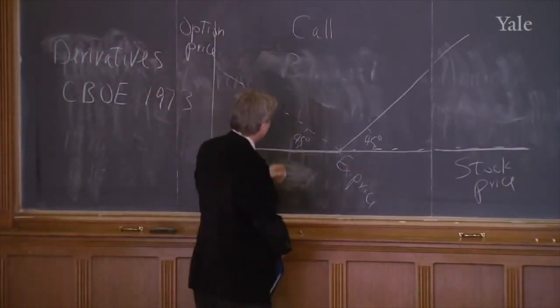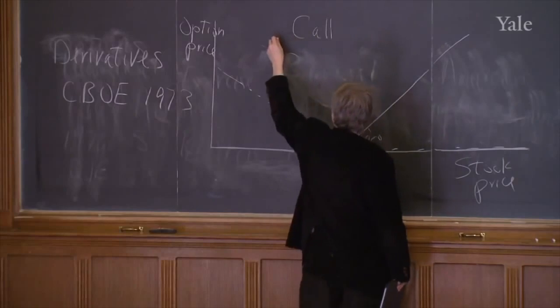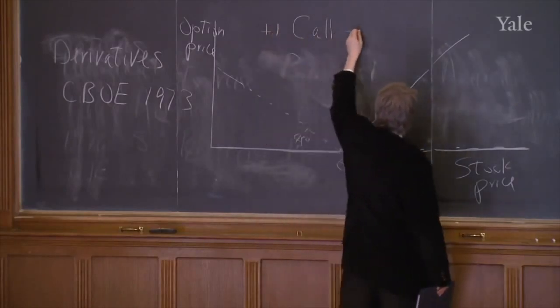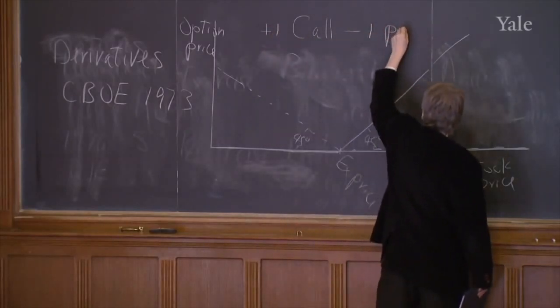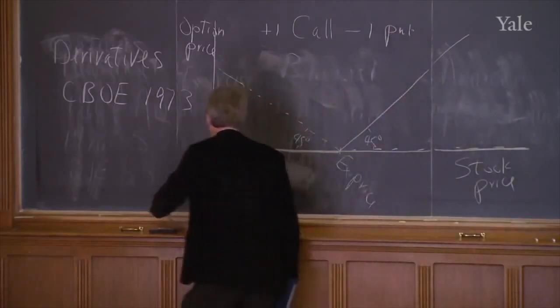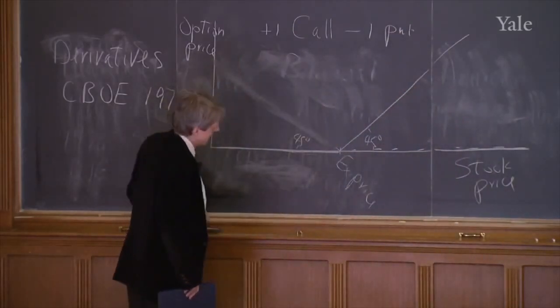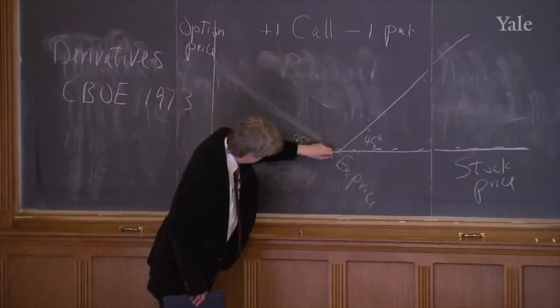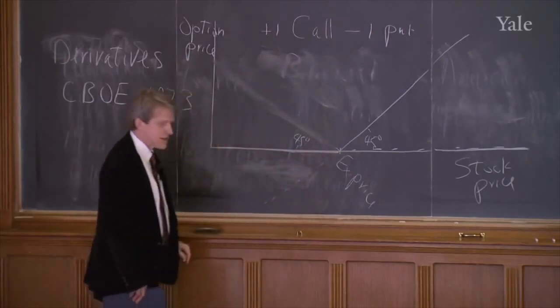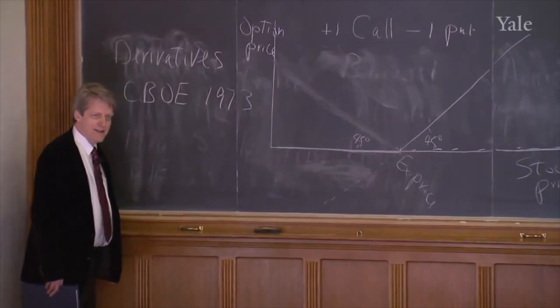Well, if I put that portfolio together, I want to have plus one call minus one put, all right? Well, my portfolio's relation to the stock price is going to look like that, right? It's just going to be a straight line.